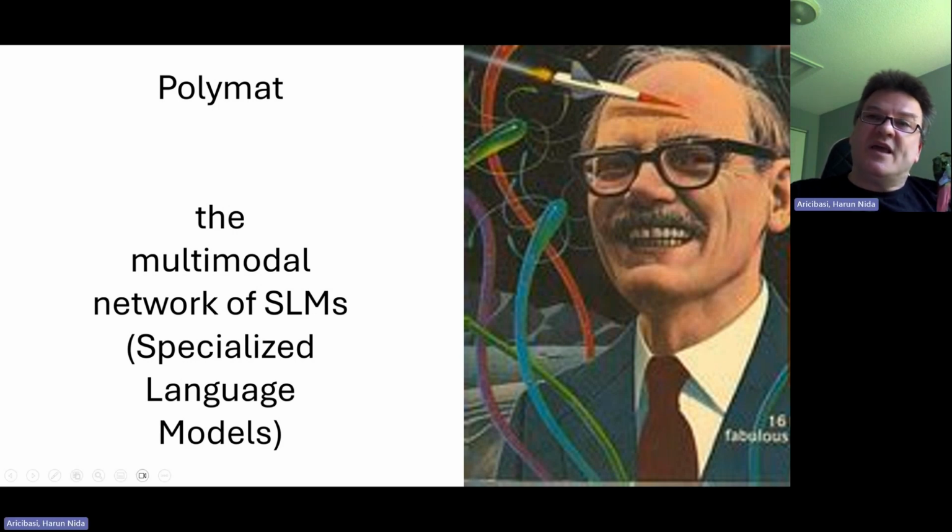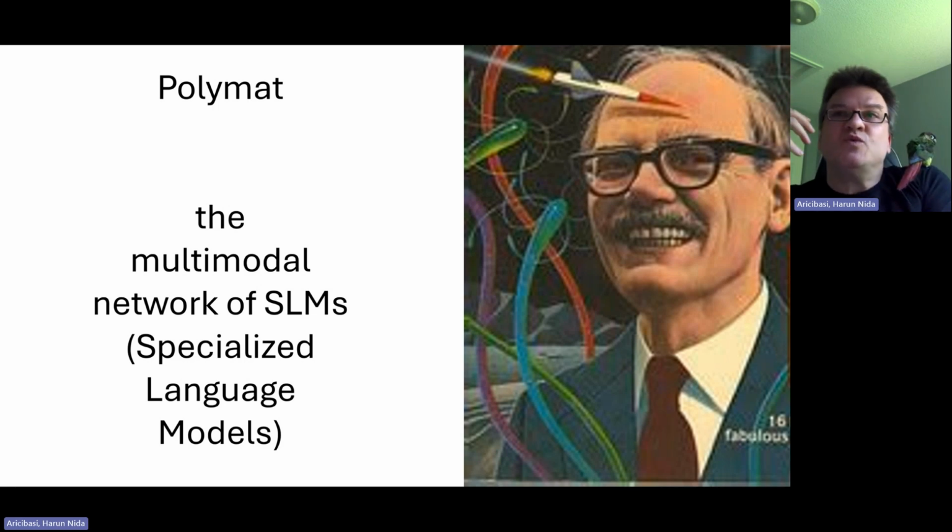Another prediction we can make, extrapolating this idea, is to imagine what would come out of this if, for example, Elon's Neuralink is connected to a specialized language model or a large language model.